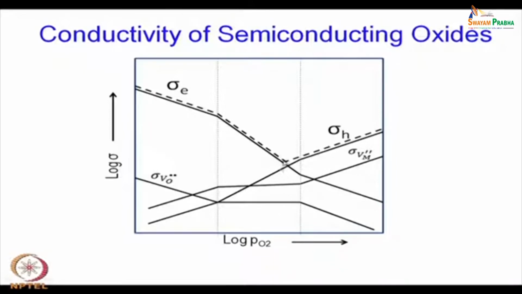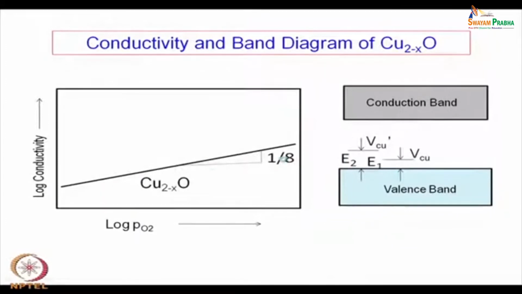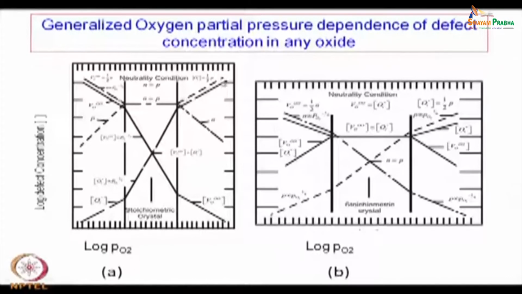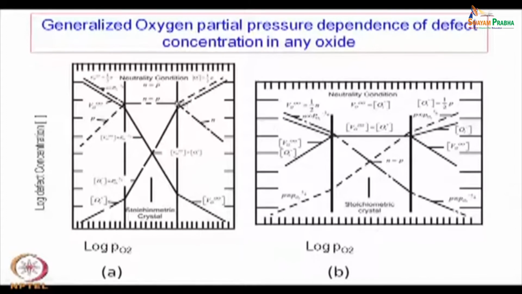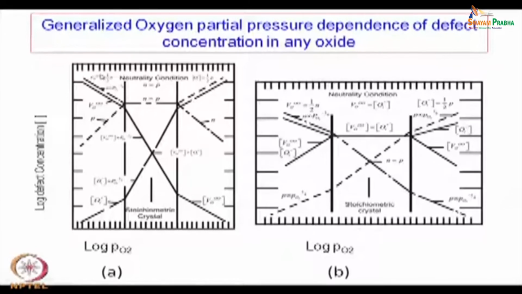Unlike the earlier diagram, where you have a flat portion where n is equal to p, that means it is an intrinsic semiconductor. In that PO2 range, it is an intrinsic semiconductor, and then it becomes an extrinsic semiconductor because of the vacancy creation or the interstitial creation on this side.